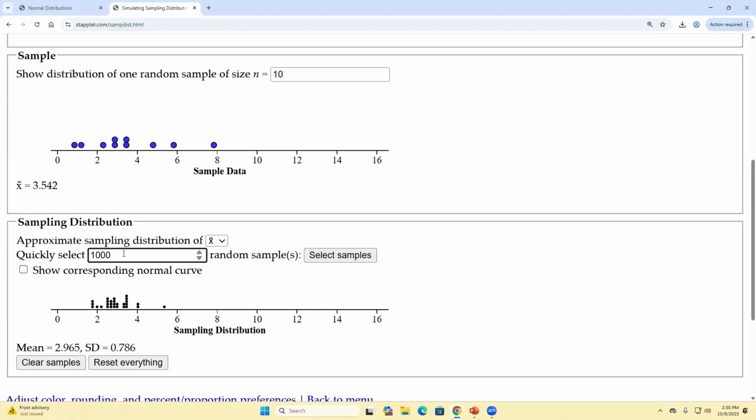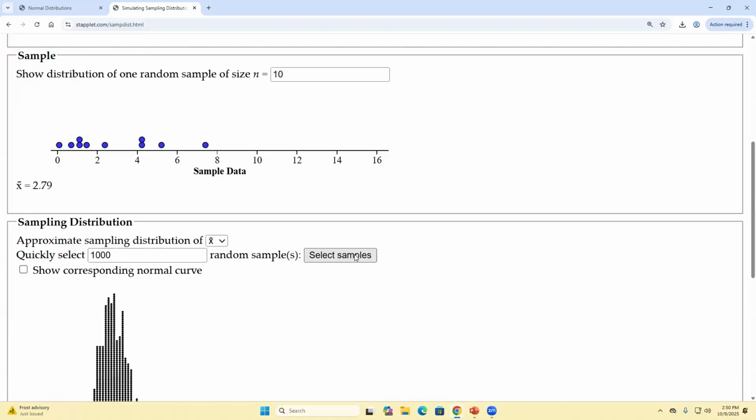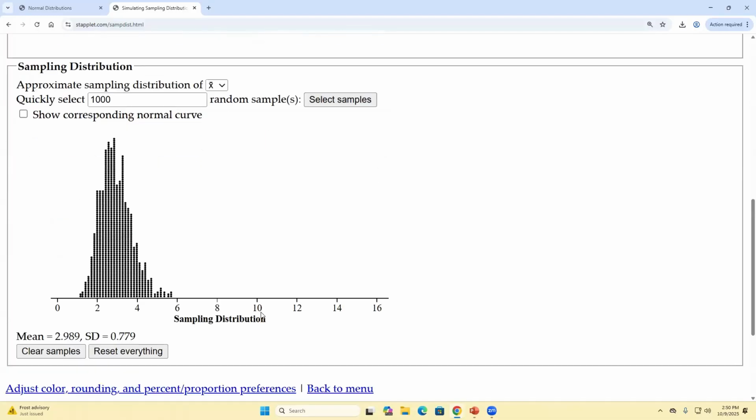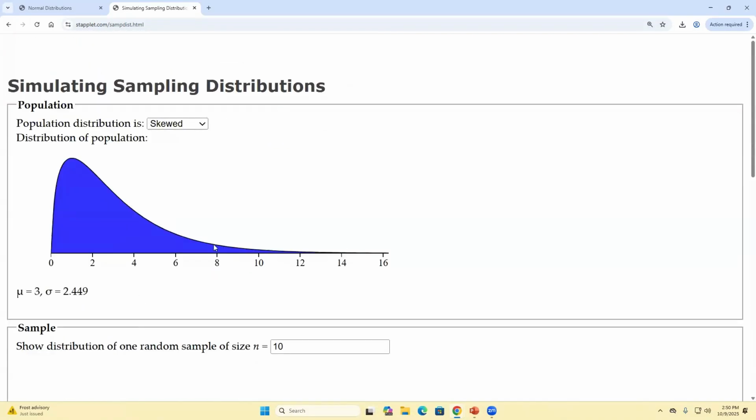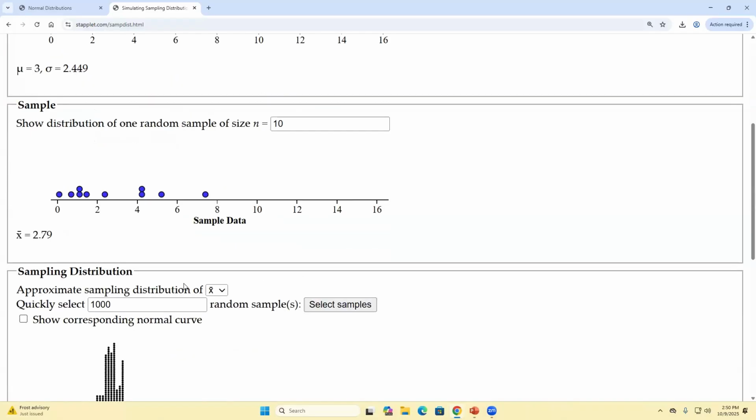So we got that 1,000 set in there. We're going to hit select samples, and it'll immediately add 1,000 right now. Okay, so now we have ourselves a distribution of sample means of 1,000 samples randomly taken from this population up here.